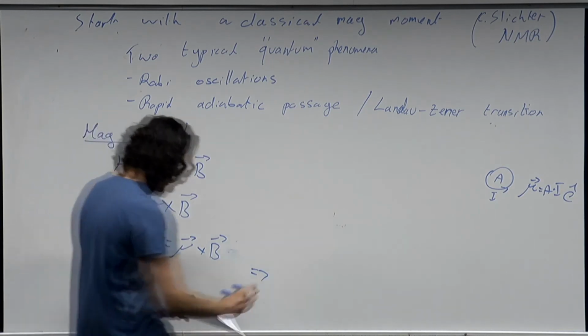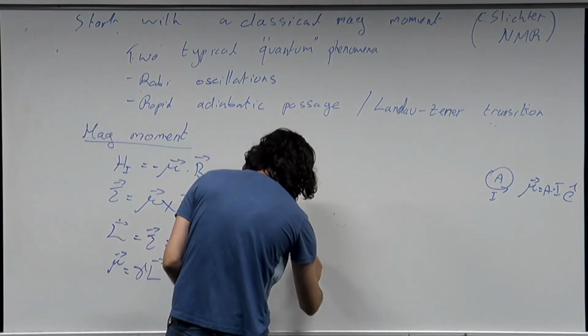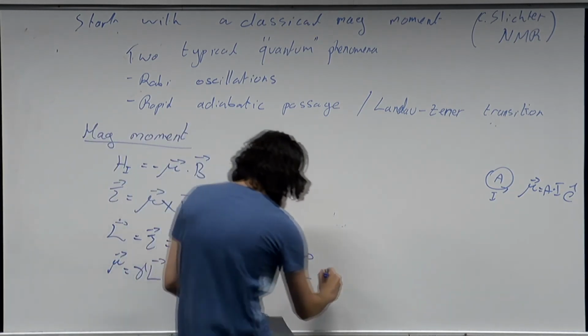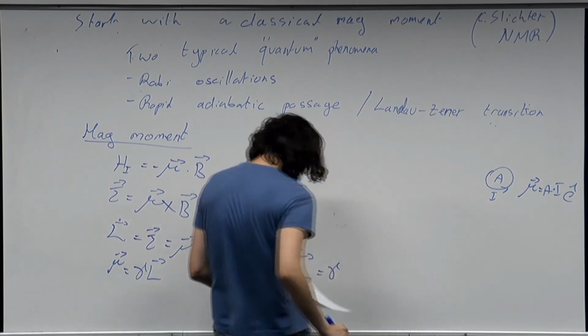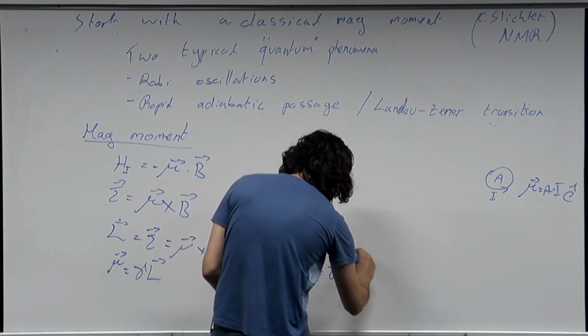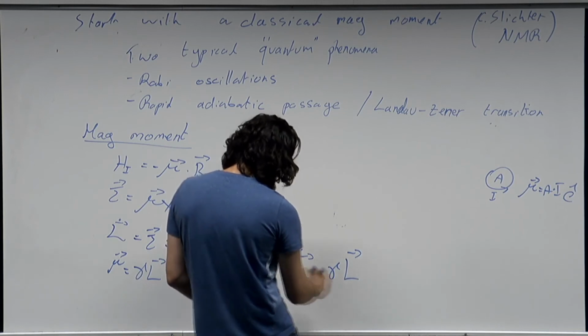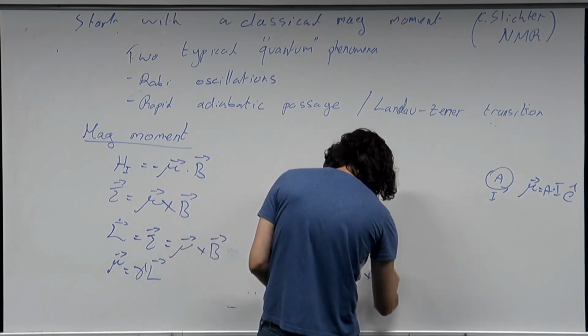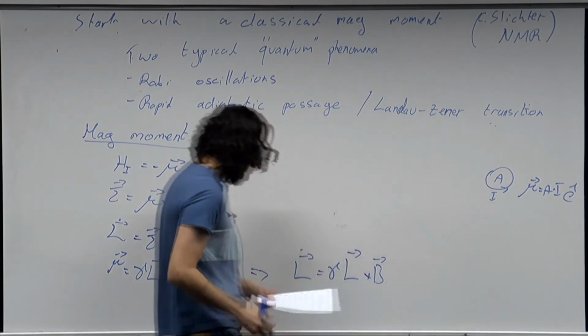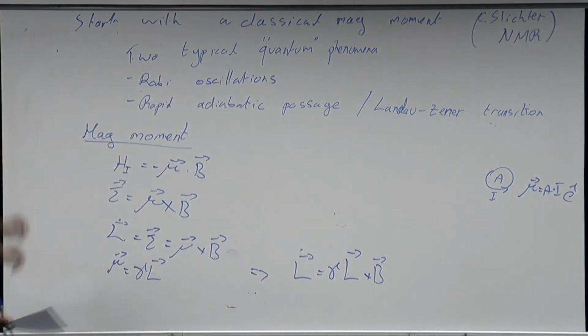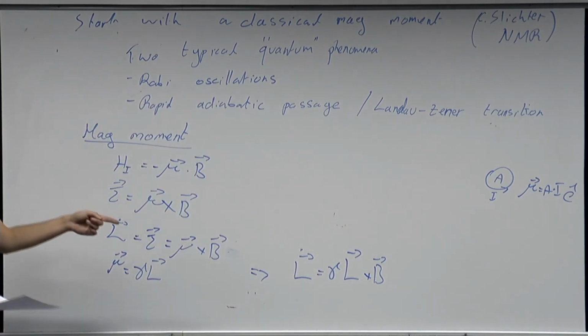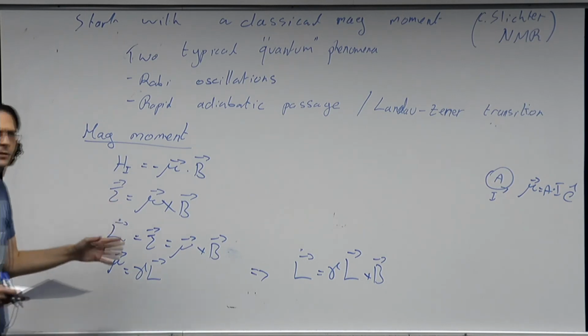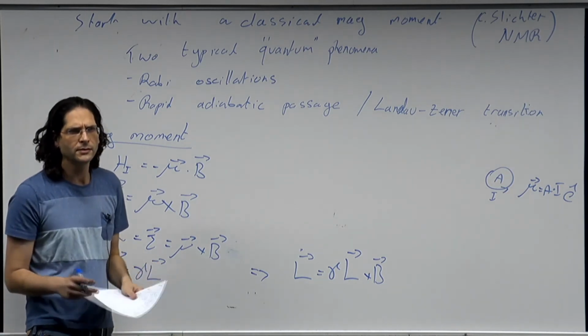So now we can write the equation of motion, which I'm sure you've seen in one of the classes. So L dot equals gamma L cross B. So this is our equation of motion. And the solution to this equation of motion is, anyone that remembers this?